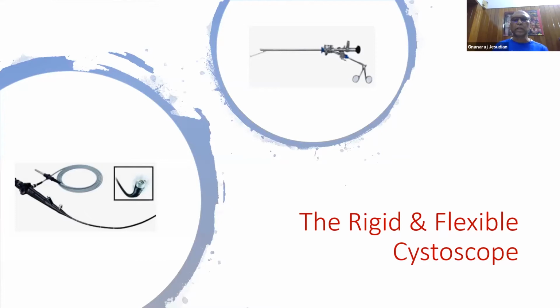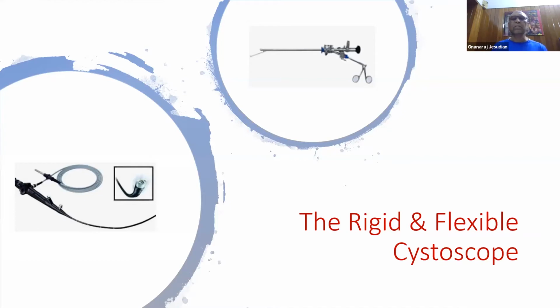And there are two types of cystoscopes or scopes that we use for doing this. One is the rigid one, and another one is the flexible one. The rigid one has been there for a long time, and it has a telescope which transmits images from the bladder into the eyepiece.